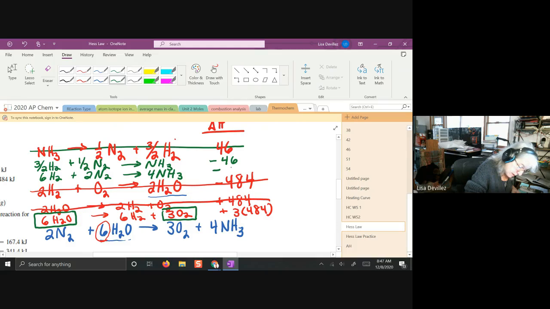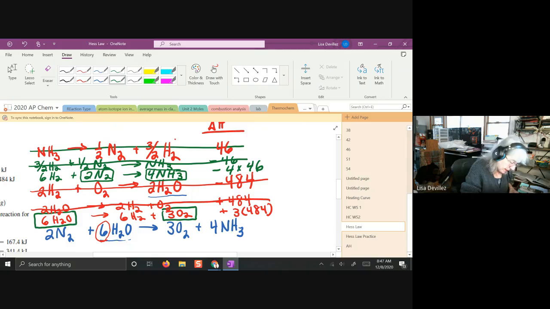So that's going to give me 4 times 46. Mark through that. So the N2 is okay, and NH3. All right, so I have the 4 things that I need, but I need to make sure my H2 cancels. I have 6 H2 on the reactant side and 6 H2 on the product side, so those are gonna cancel each other out.